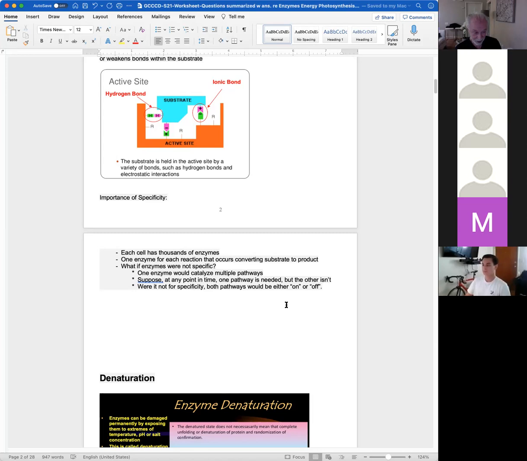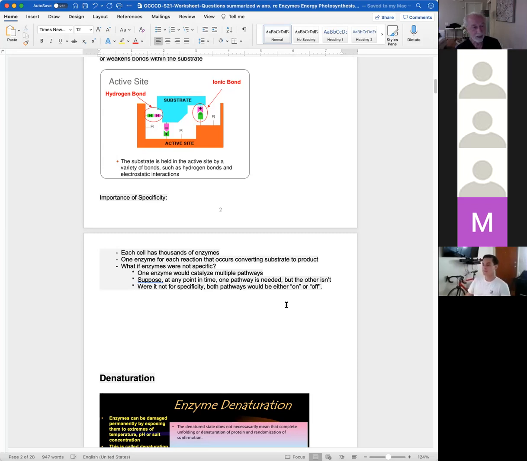So if you think more specifically, what if one enzyme catalyzed two pathways? And now the cell, at some point, needs one pathway and not the other. Well, if the same enzyme catalyzed both, then you can't have one without the other. They would both be on.